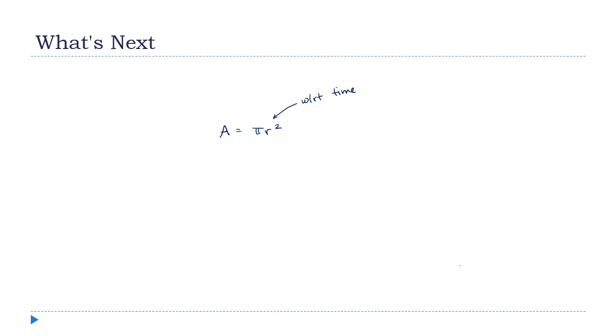Well, if the radius is a function of time, then the area is also changing with respect to time. So in theory, I can differentiate both sides of this equation with respect to t. And when we do that, we get a class of problem that's called a related rate problem.